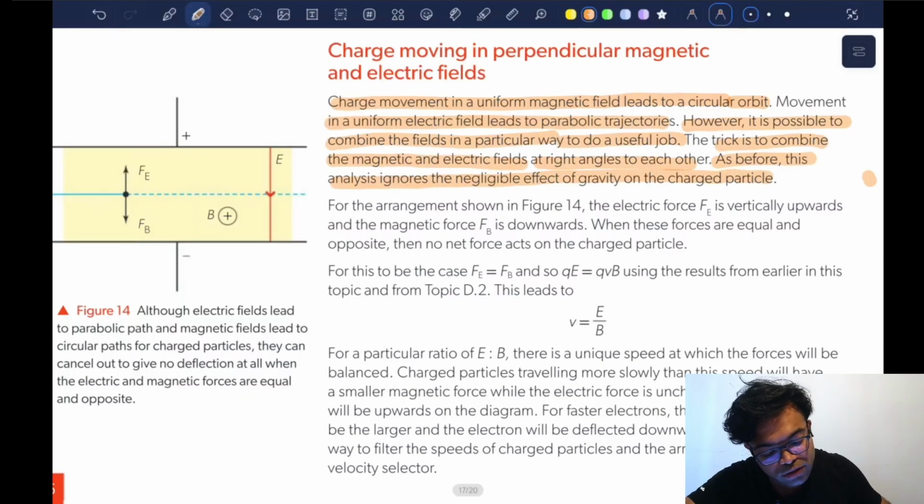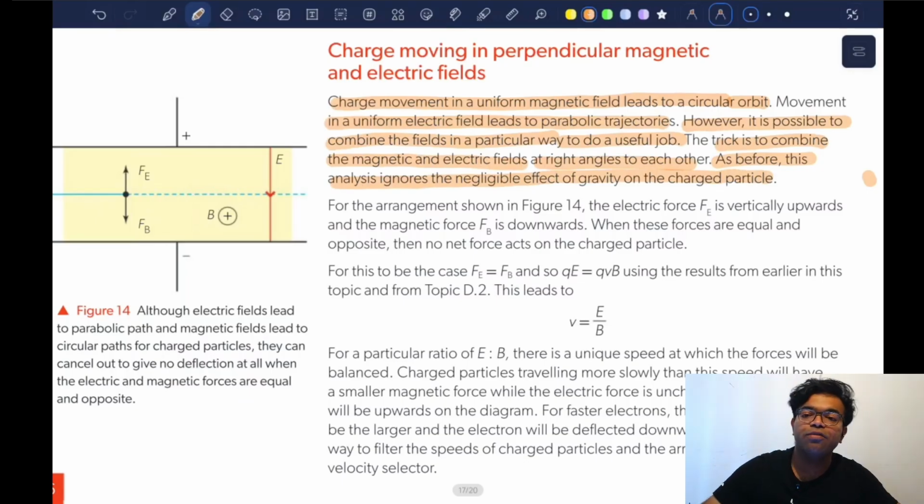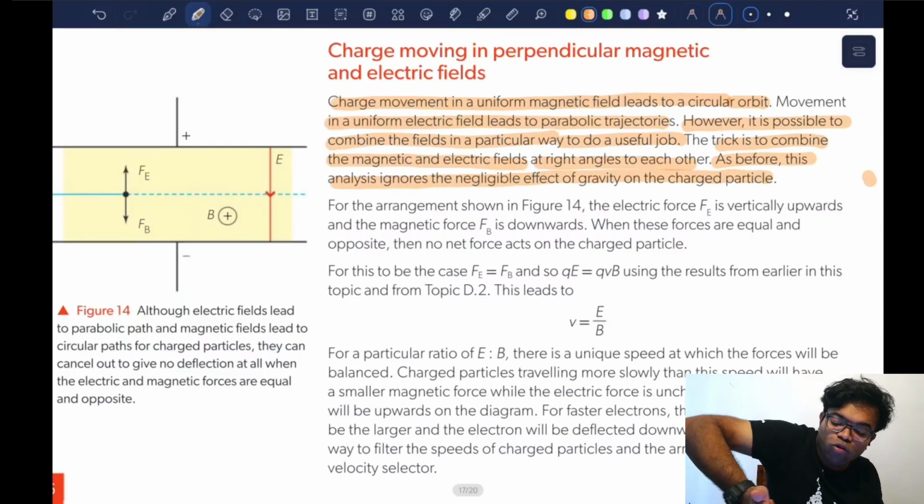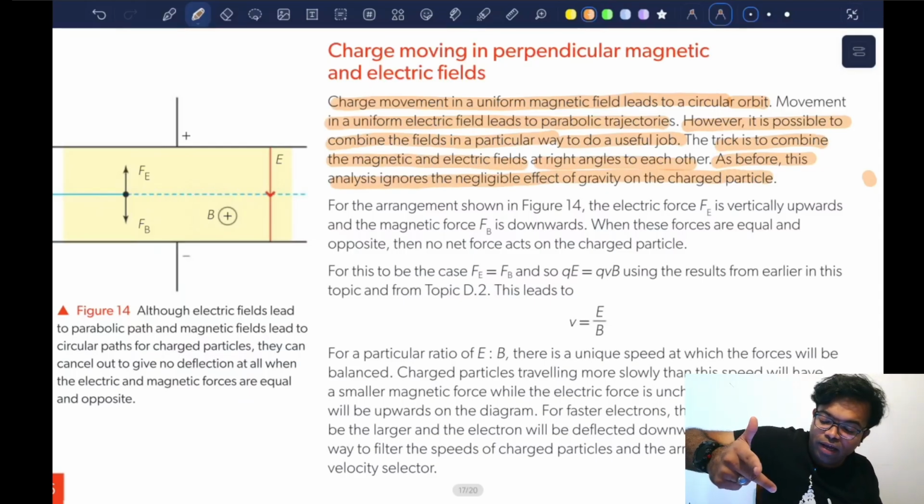The electric force is vertically upwards, and the magnetic force. Now, look at this. Here, the magnetic field is perpendicular to the electric field, and it is inside the plane of the paper. Okay. Now, use your left hand. The magnetic field is inside. The movement is from where to where?